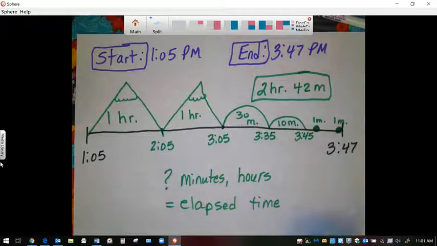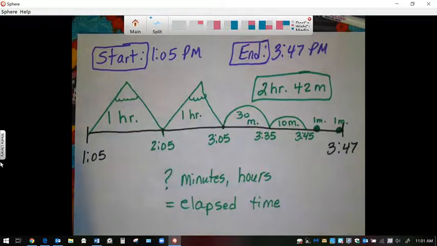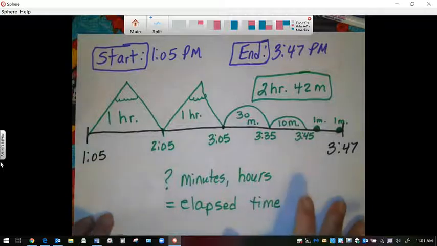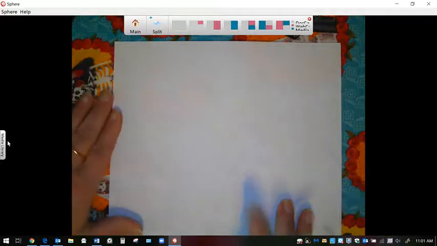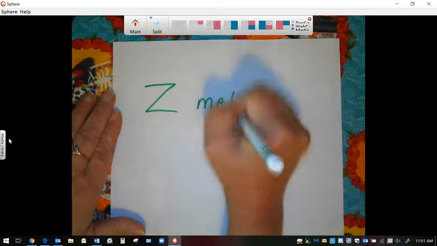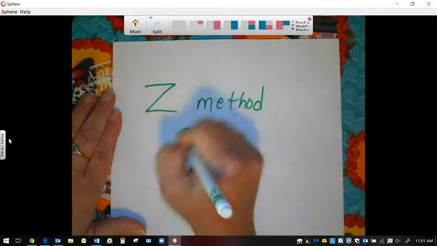Okay? All right. So this, by the way, is again the mountains, hills, and rocks method. When you have a problem that gives you the start time and the end time, you can also use the Z method strategy.